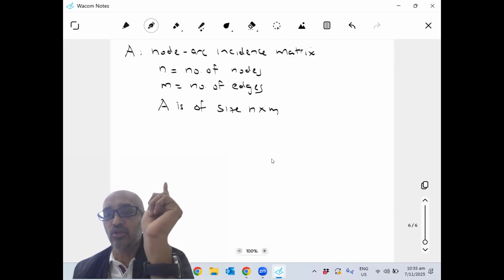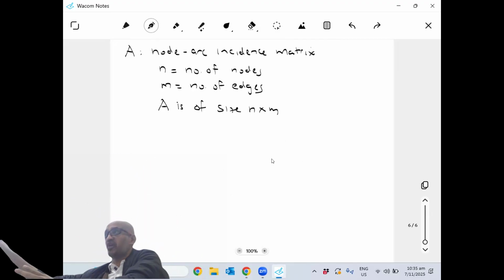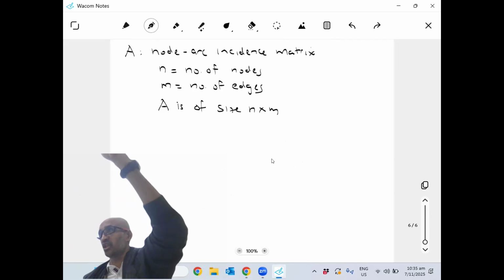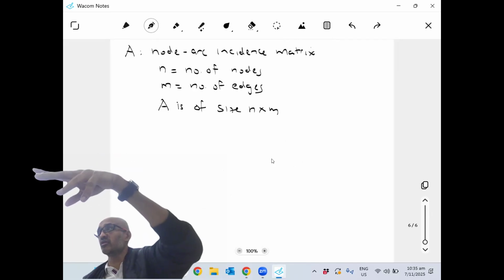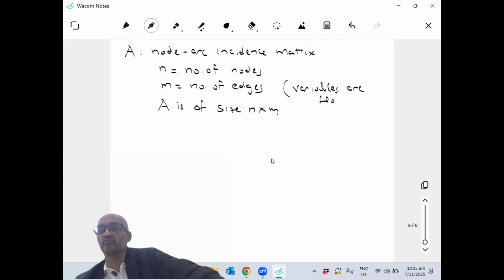This is sort of opposite to what we did in LPs. In LPs, n was my number of variables, and m was the number of equality constraints. Because we're talking about nodes here, I'm using n for the number of nodes, and m is the number of edges. My variables are flows on edges.